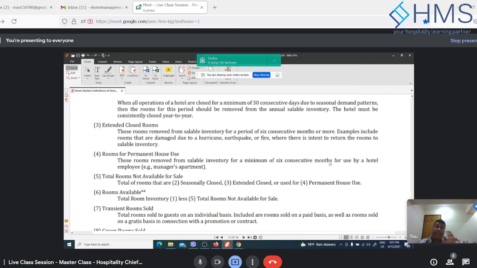Otherwise they can easily play the statistics. If they remove rooms, the RevPAR will increase, the occupancy will increase, everything is going to be higher than normal. As part of our control process, we don't want that to happen, right?